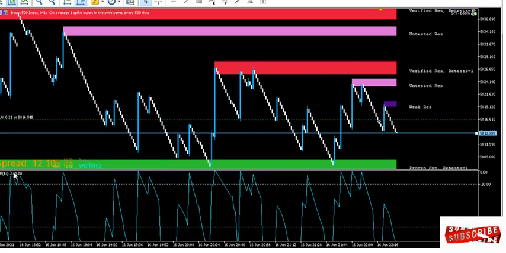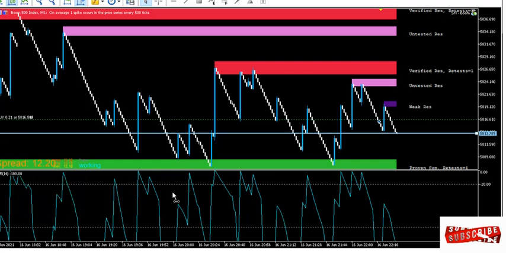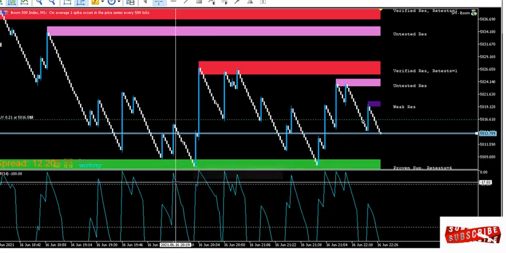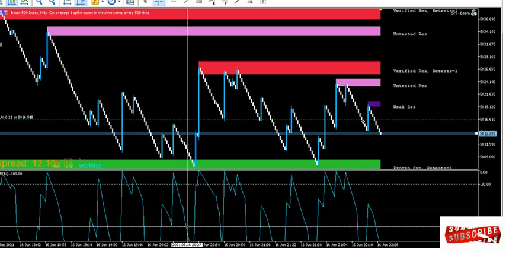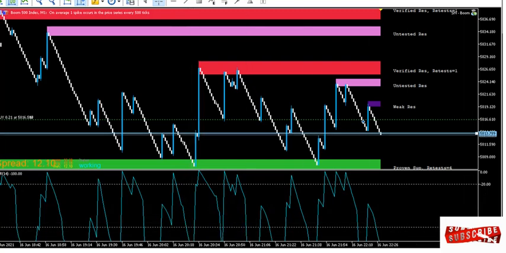Another indicator is the Williams Percentage Range. So how do I use this indicator? Whenever I see price come down all the way from resistance and get to the -100 level, I want to place a buy, or I'll wait for one spike to come up.